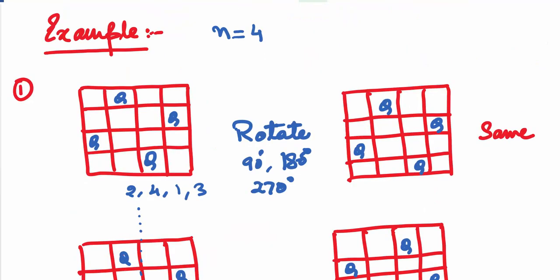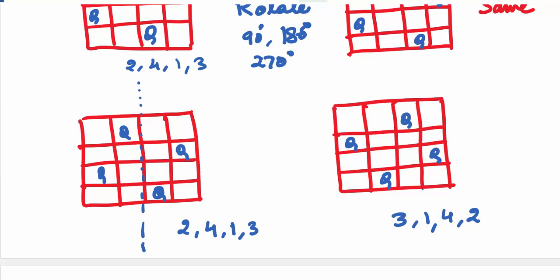To understand symmetry, let's take an example. If n is equal to 4, you can see on the board the placement is 2413. If you rotate 90 degrees, 180 degrees or 270 degrees, you will have the same placement. Now flip it. By flipping, we mean the reflection.